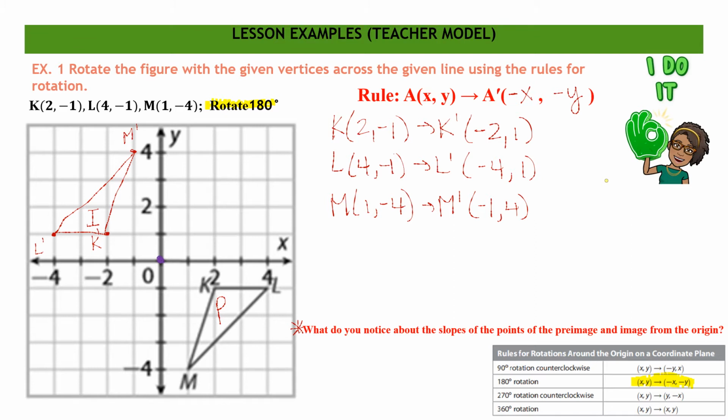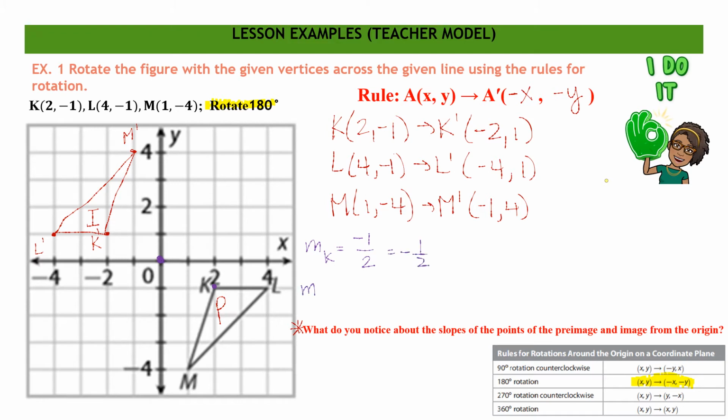Well, let's look at point K. So if I look at the slope of K, remember slope is rise over run. So from the origin, I'm not rising, I'm actually falling 1. So that's falling -1, and then I'm running to the right 2. So I have my slope as -1/2.